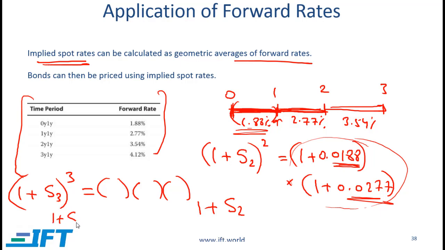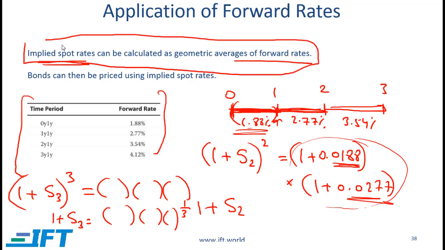So just to make sure you get it, 1 plus S3 would be the product of the three numbers that we just talked about raised to the power of 1 over 3, which is the geometric mean. So this statement then should make sense. The implied spot rate is the geometric average of the forward rates.